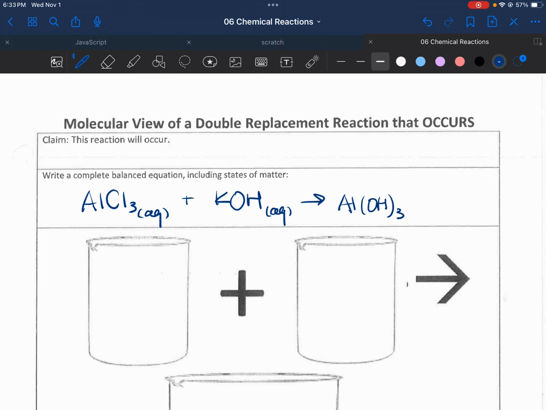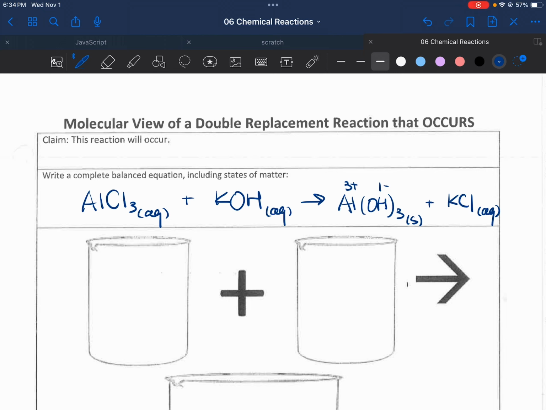We need 3 of those because aluminum is plus 3 and OH is minus 1. And from my solubility chart, I know that this aluminum hydroxide is a solid. If you don't know how to figure out if one of the products is a solid or not, make sure to ask your neighbors, check how you could figure that out for a compound.